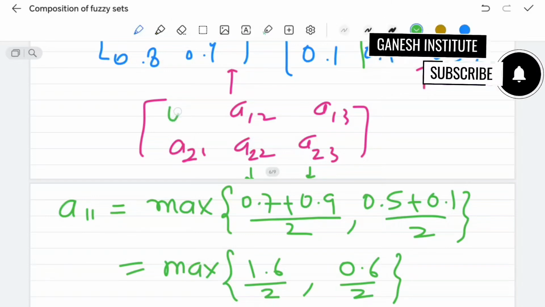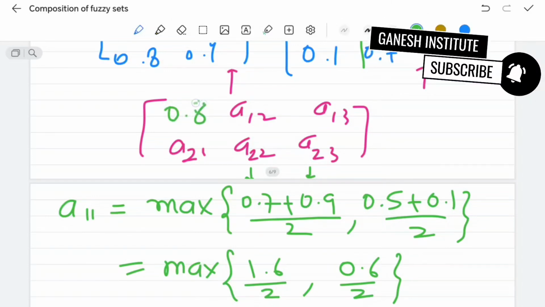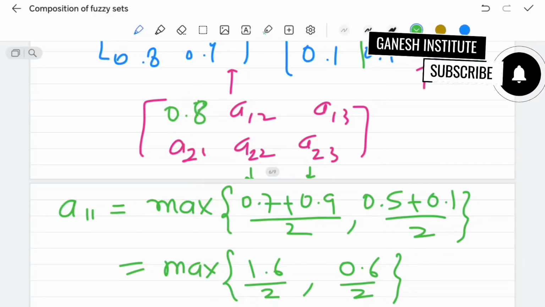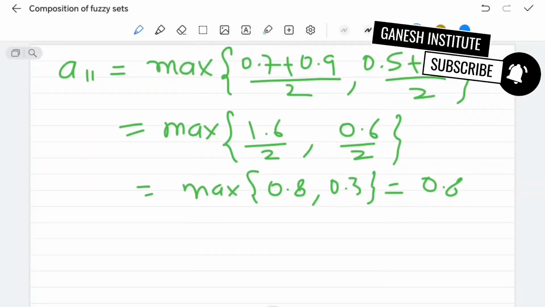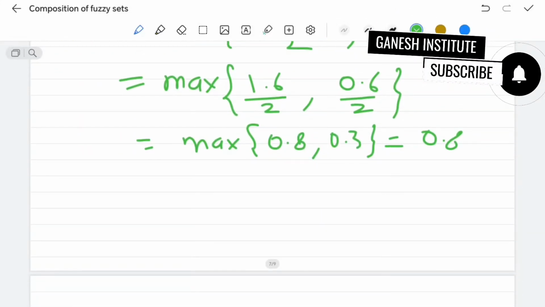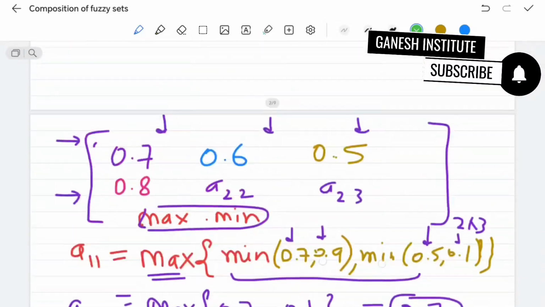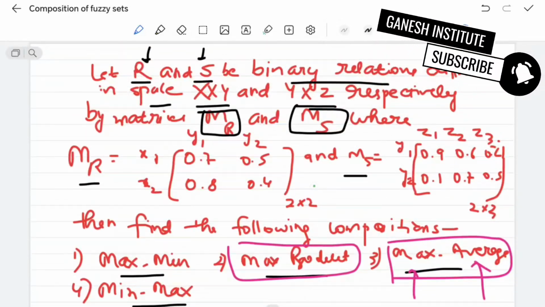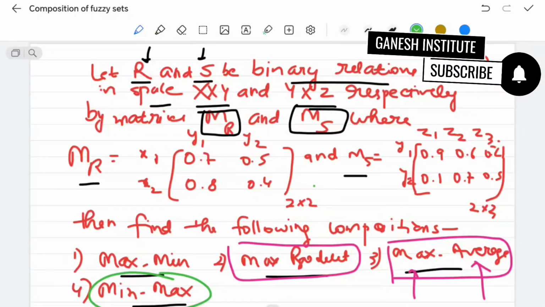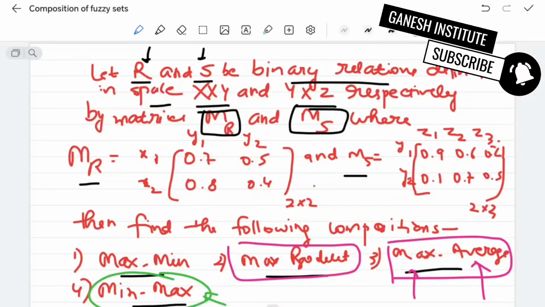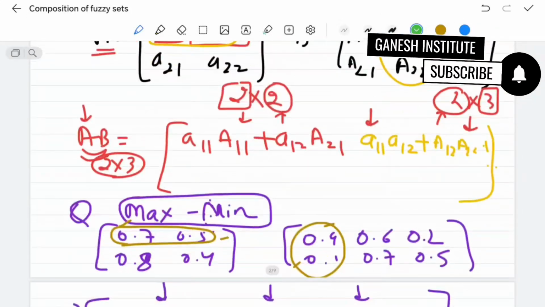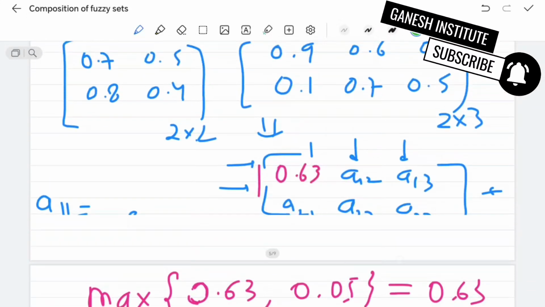If it would have been asked for the minimum value, then we could have done accordingly, right? Then the last composition which the question is asking for is minimax. That means firstly find out maximum, then do the minima. That is the converse of the first, right?